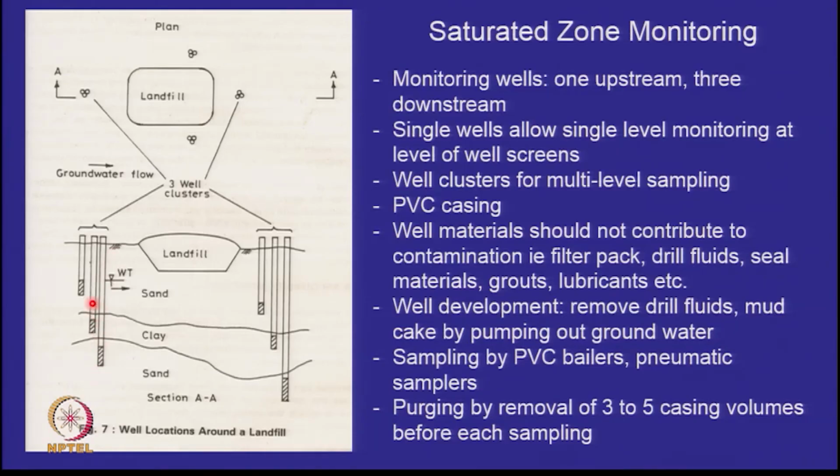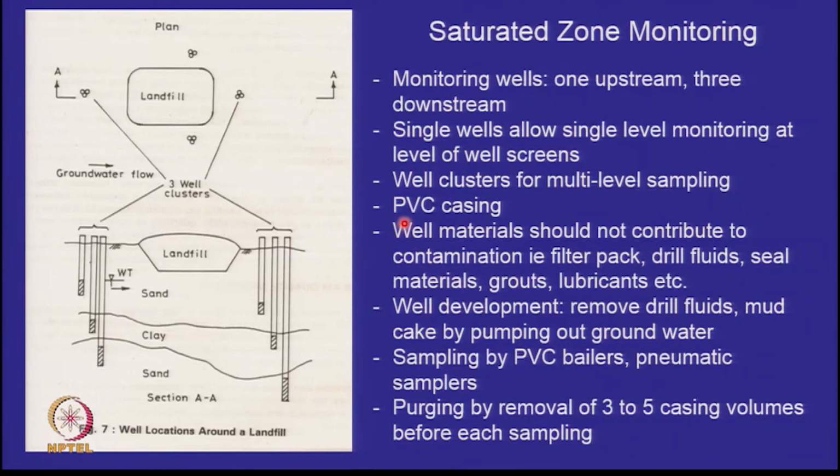We will revisit this, but at the moment we recognize that wherever there is the screen, that's where the water can be collected from, and you can use a cluster of wells if you want to do monitoring at different levels. So 1 upstream, 3 downstream. Single wells allow a single level of monitoring at the level of well screens. Well clusters allow multi-level monitoring.